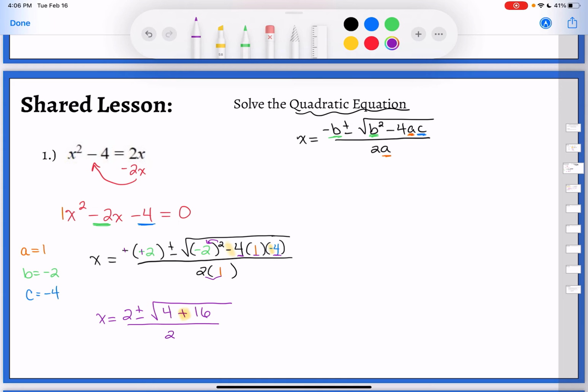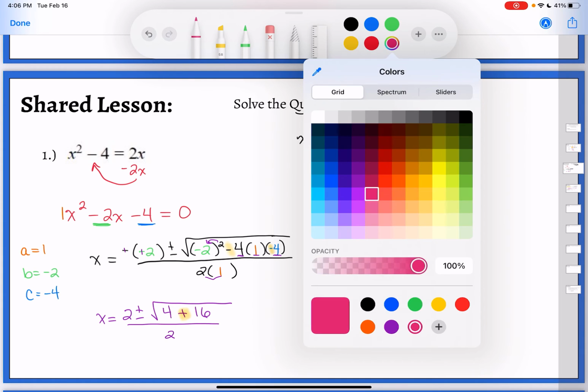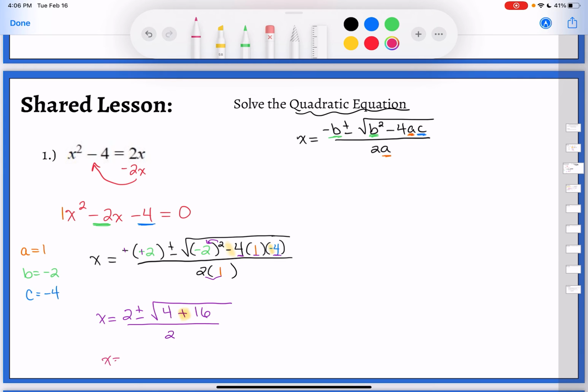All right, so notice I'm just simplifying, just chip away at it a little bit, right? Okay, now the next thing, x equals 2 plus or minus radical 20 over 2. You know what, I'm gonna move that so that we have more room. Okay, 2 plus or minus radical 20 over 2.